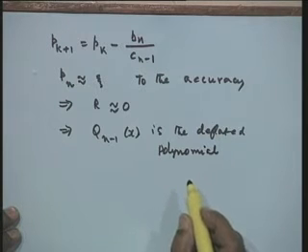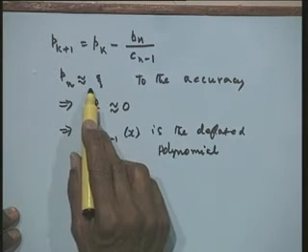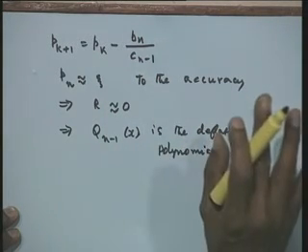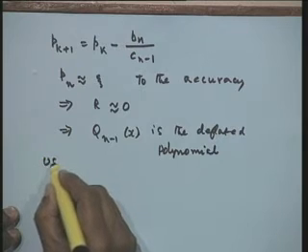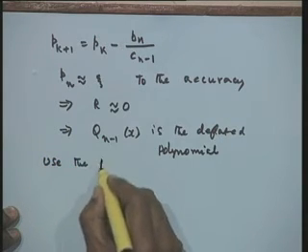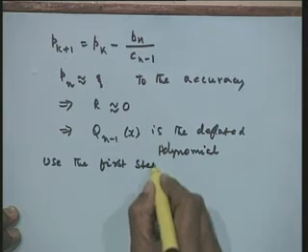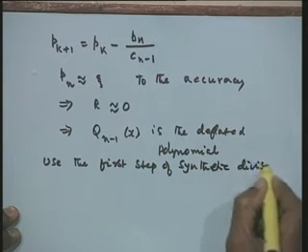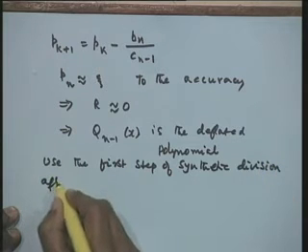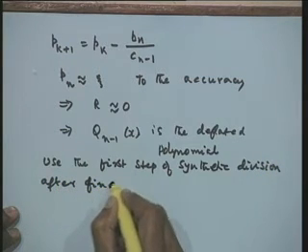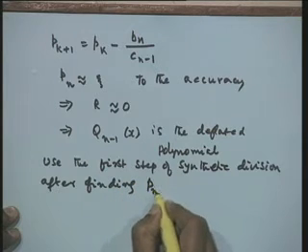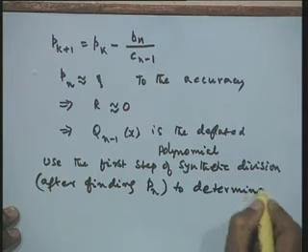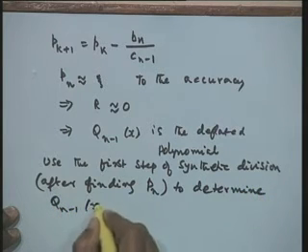Now, what we would therefore say is, once you have got your required solution to the accuracy, do only the first step of the synthetic division procedure. So, we will say use the first step of the synthetic division procedure after finding P n to determine q n minus 1 of x.